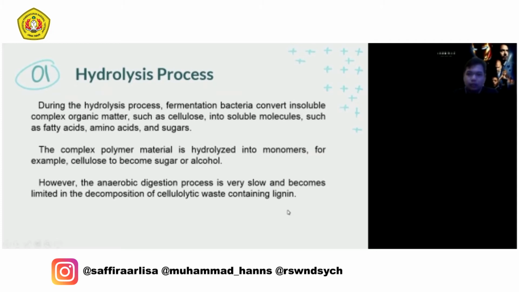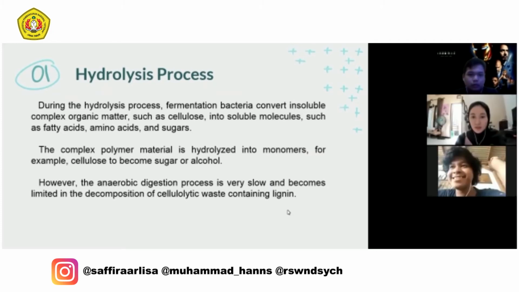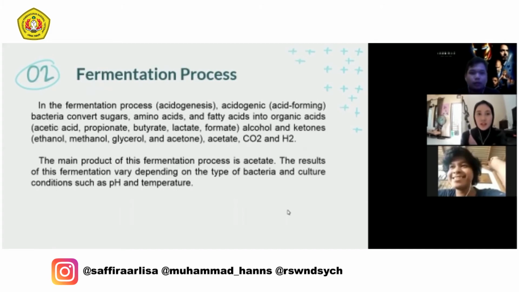However, the anaerobic digestion process is very slow and becomes limited in the decomposition of cellulosic waste containing lignin. Next, fermentation process.